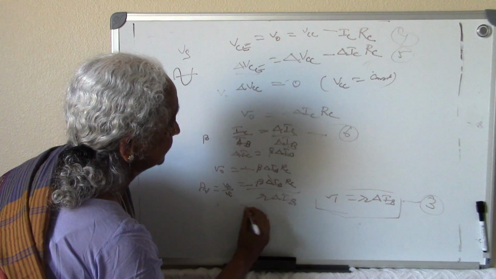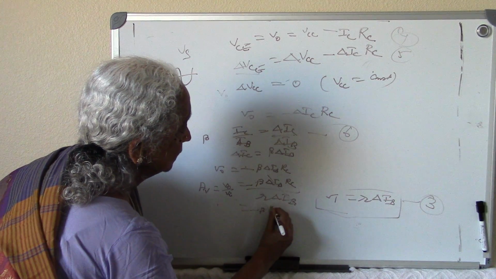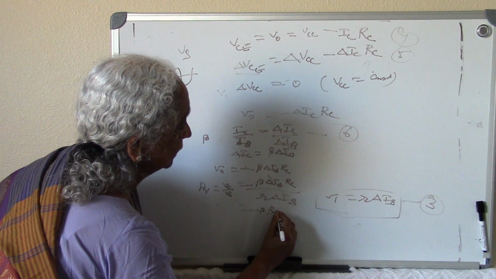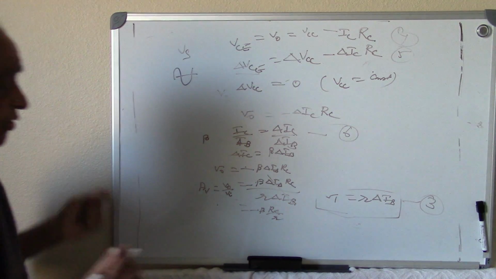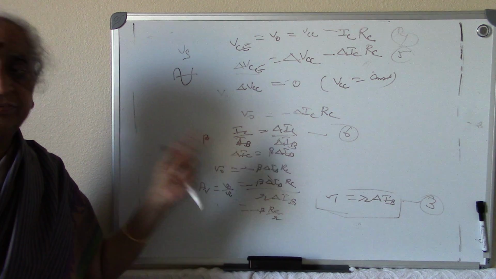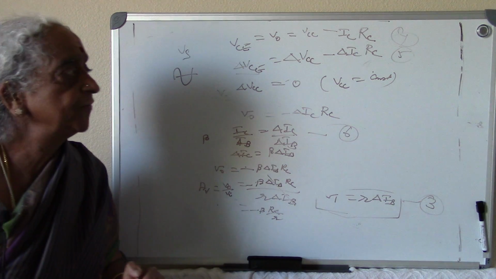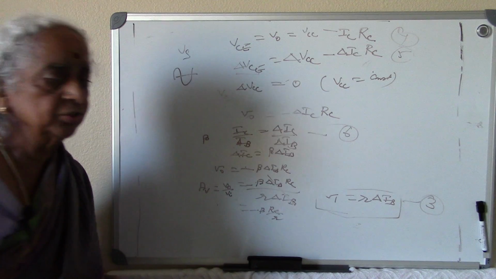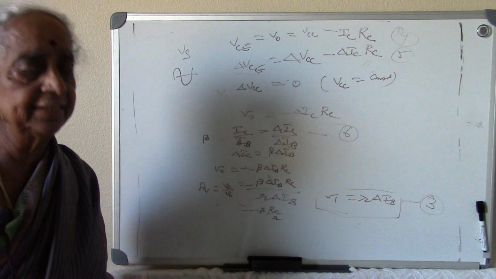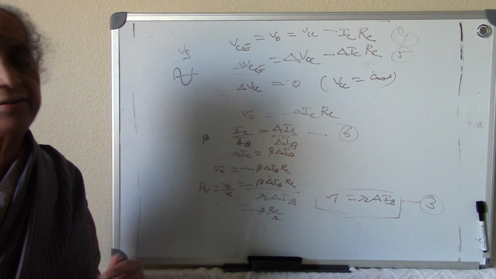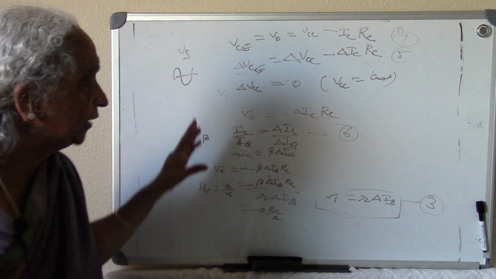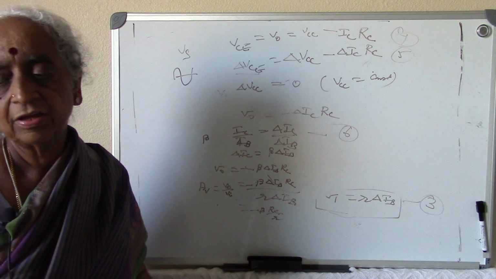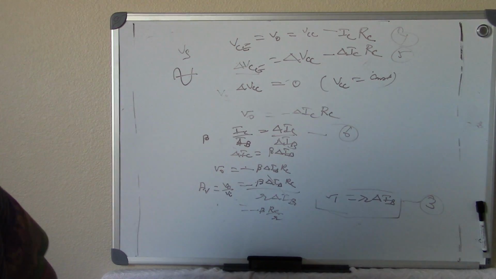Delta IB cancels, it is minus beta times the ratio of the resistances at the output and the input side. This will be my voltage amplification. The negative sign shows that whenever this is increasing, that is decreasing and vice versa. How it varies and how you get the graph will be done in the next session.